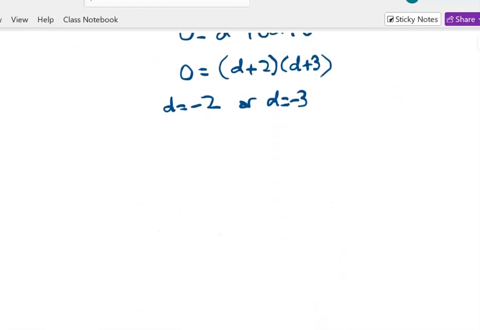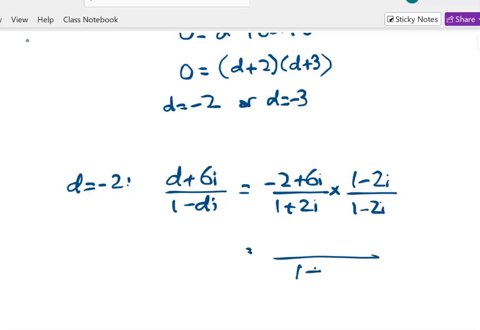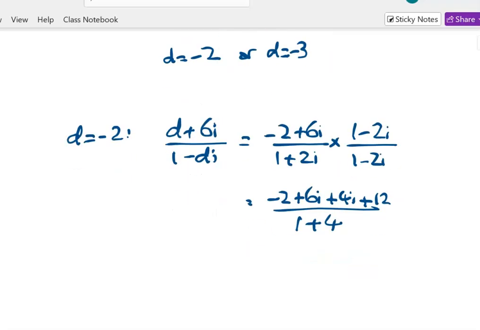So let's quickly do the case for d equals negative 2. (d + 6i) over (1 - di) gives me (-2 + 6i) over (1 - (-2i)), so 1 + 2i. Multiplying by the conjugate over the conjugate gives me 1 + 4 in the denominator, and in the numerator -2 + 6i + 4i - 12i squared, so plus 12.